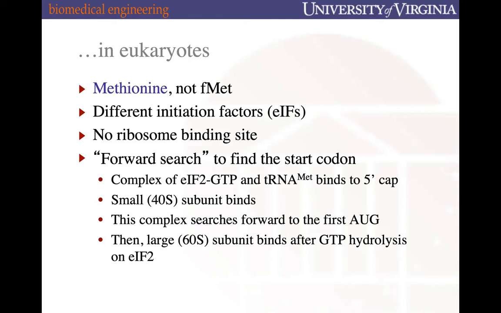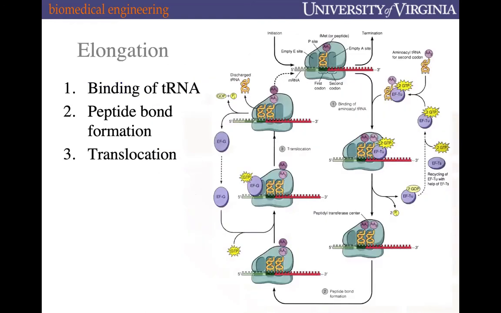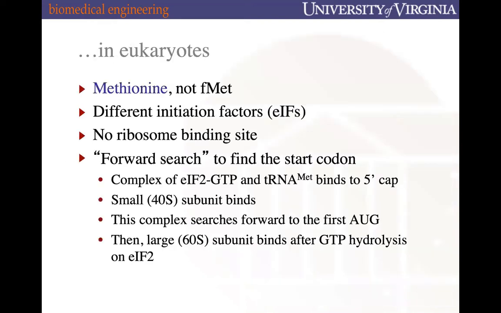This complex will help begin to initiate at that start codon and then recruit, again, with GTP hydrolysis helping with the recruitment of the large subunit. And this is what initiation looks like in eukaryotes. Are there any questions about initiation?